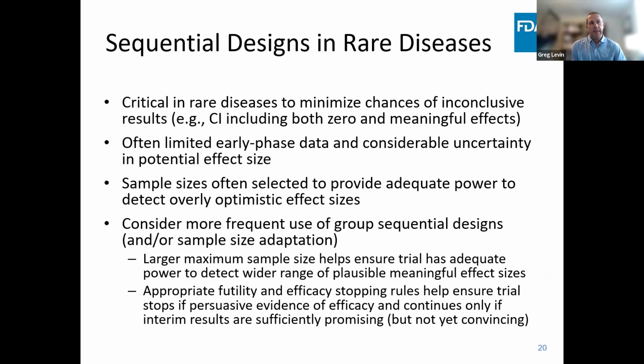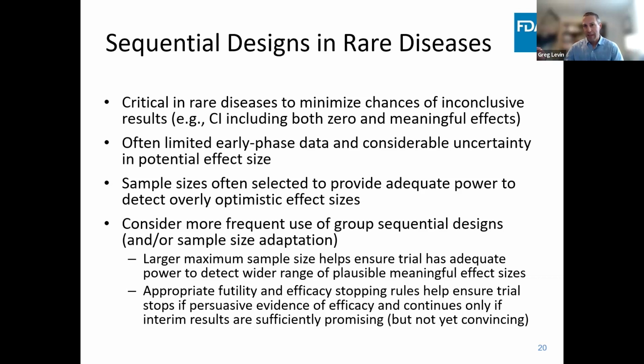But I think where either a group sequential design or an adaptive sample size estimation or both would provide value here, there's kind of a push and a pull. Yes, you have to go to a larger maximal sample size in order to be able to provide power to detect slightly smaller but still meaningful effect sizes.